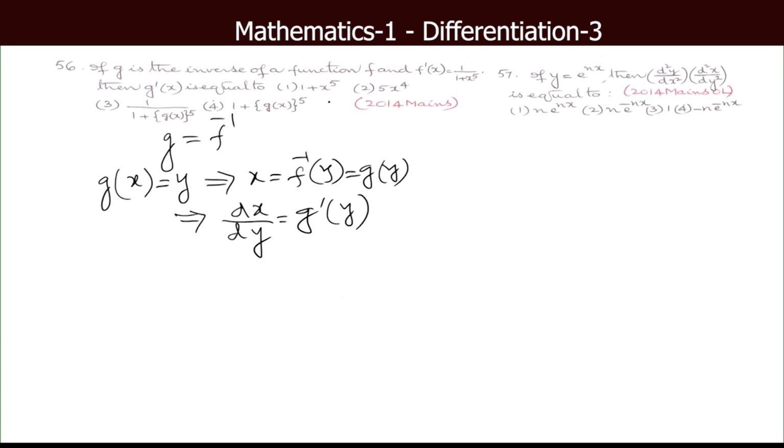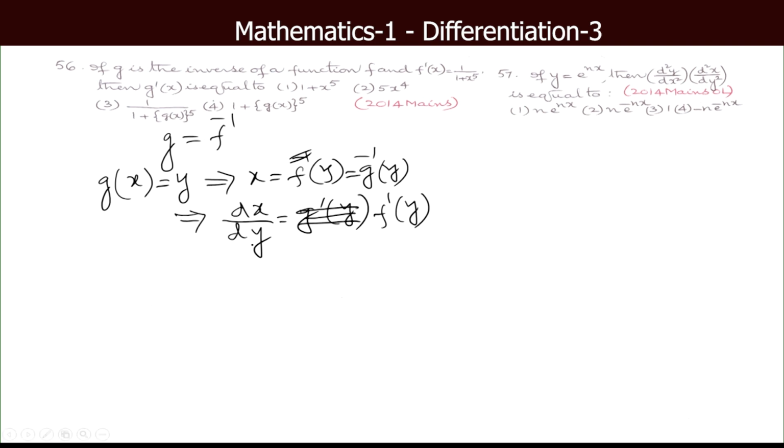What is g dash y? x equal to g inverse y, sorry. So, dx dy equal to f dash y. g x equal to y, x equal to g inverse y, but g inverse is same as f. So, x equal to f of y. So, dx dy is f dash y.